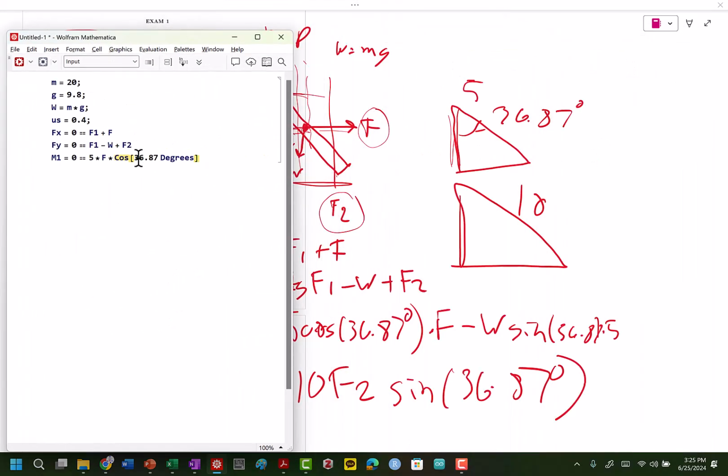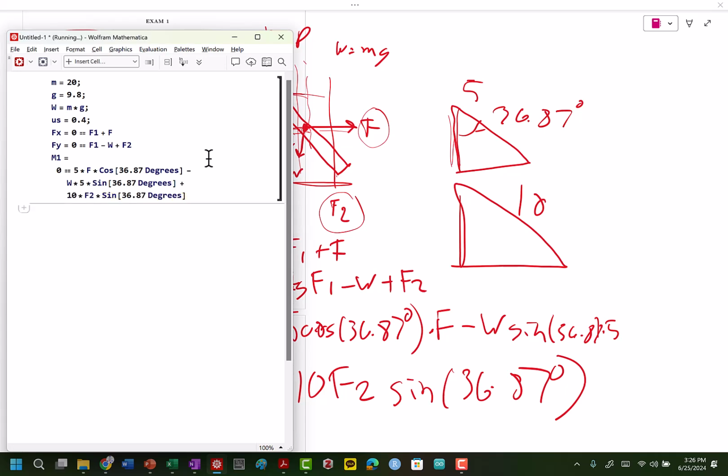Cosine times F minus W times 5 times sine of 36.87 degrees, and then plus 10 times F2 times sine of 36.87 degrees. Let's type all of that in.